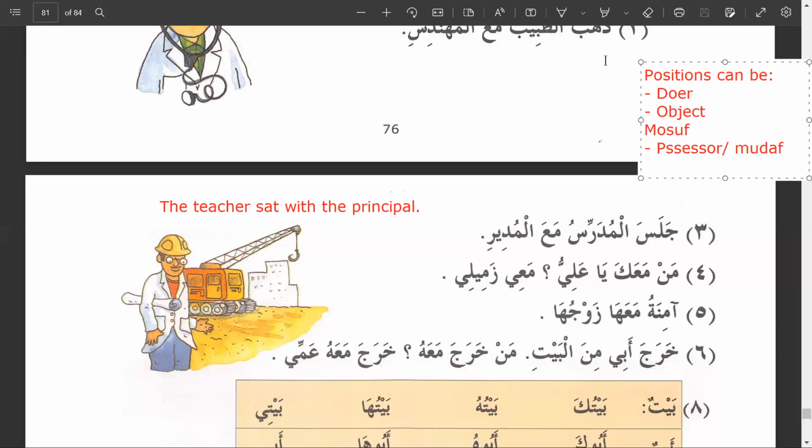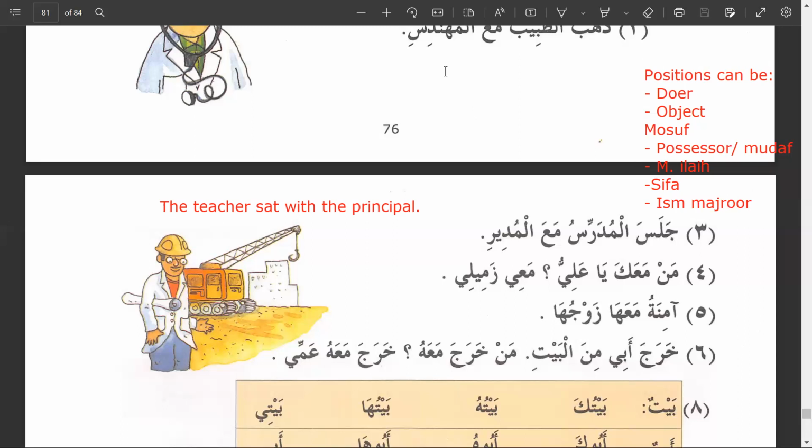Positions can be mudaf ilayh, and sifa. Yes, sifa can be a position. Ism majroor, jar majroor, right? Ism majroor is a position. So these are positions.